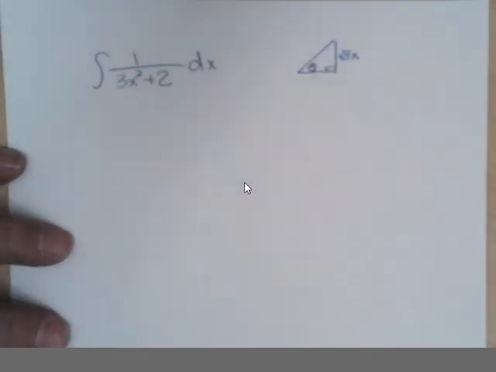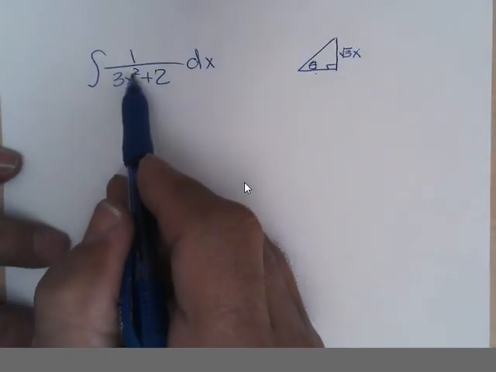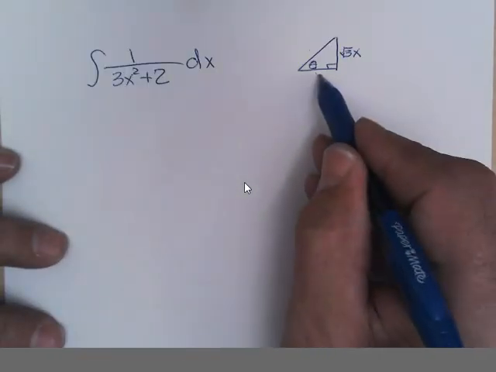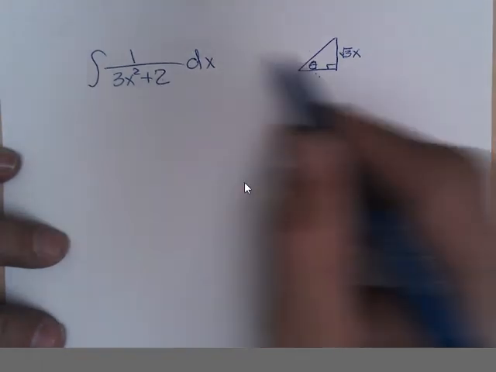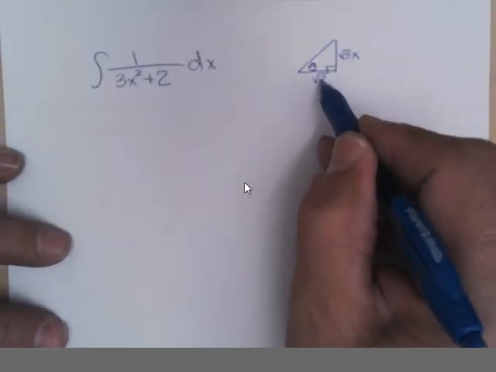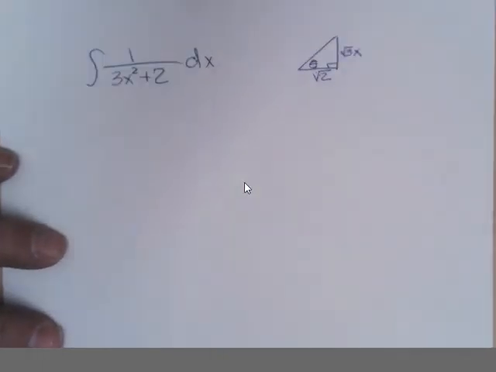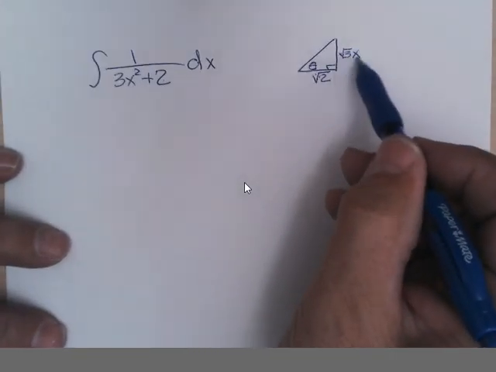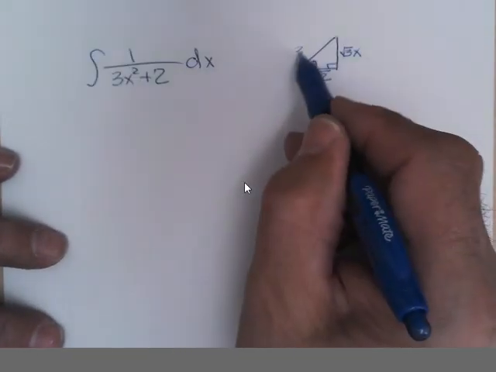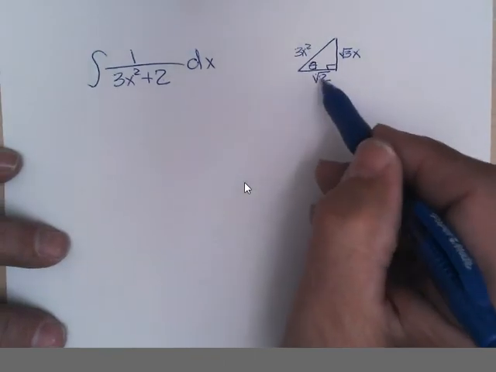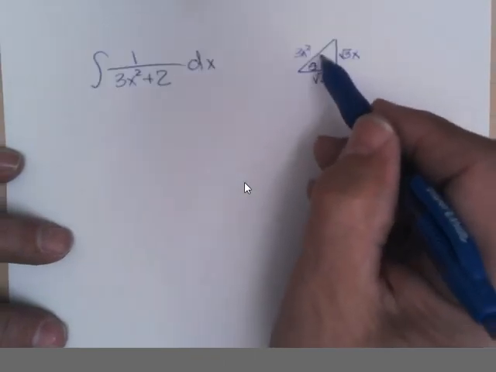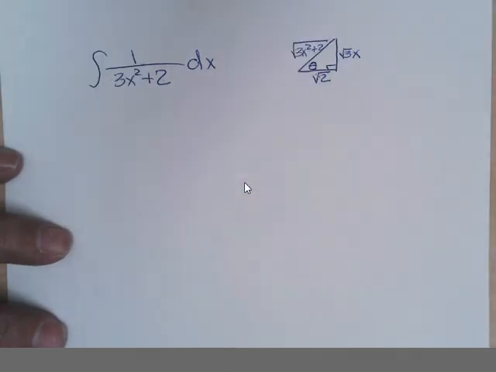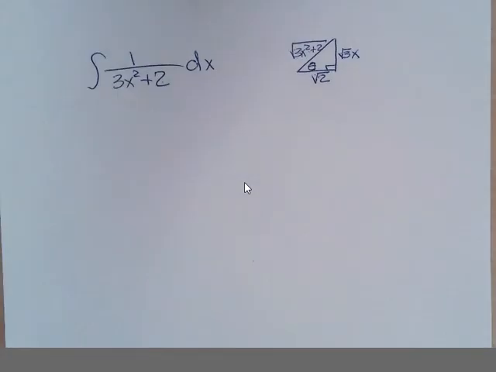So when it's squared, it's 3x squared. And what am I going to have to put down here? So when it's squared, it's 2. Square root of 2. So if I took this and squared it, I get 3x squared. I square that, the a and b squareds, I get 2, and square root, and there's my triangle setup.